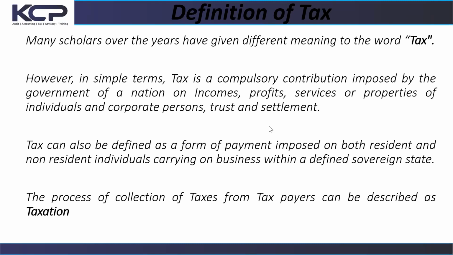And you can tie that agent or government to a defined geographical territory, that is a nation, right? So imposed by the government of a nation on incomes, that is, even though you are eligible to paying tax, but if you did not make a taxable income, you will not be expected to making such compulsory contributions.